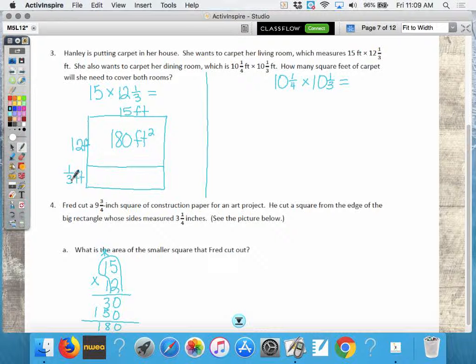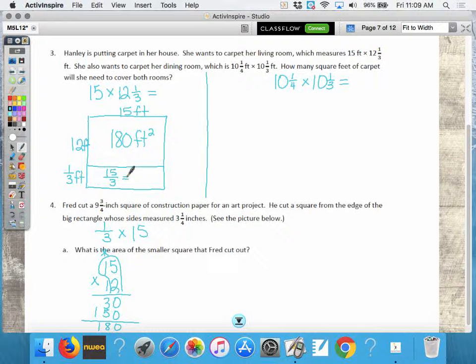Okay, so that's right here, the area of this rectangle. Now we have to do 1/3 times 15. And kids are forgetting that when I do 1/3 times 15, it's really 15 copies of 1/3. So it's 15 times 1 over 3. 15 thirds. And I'm going to go ahead and divide that out.